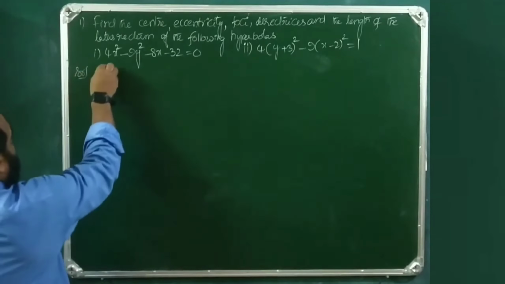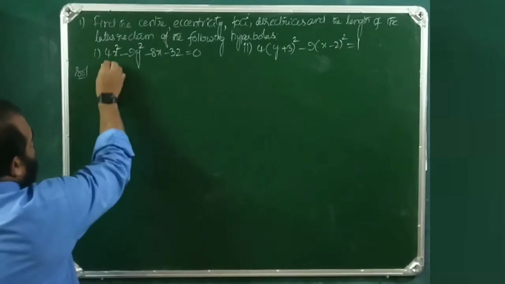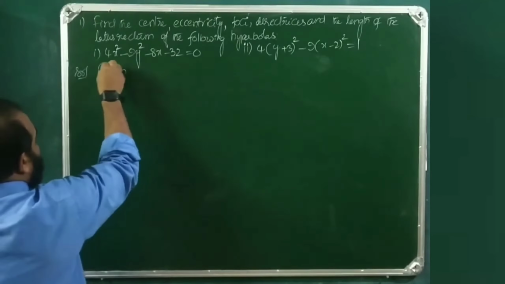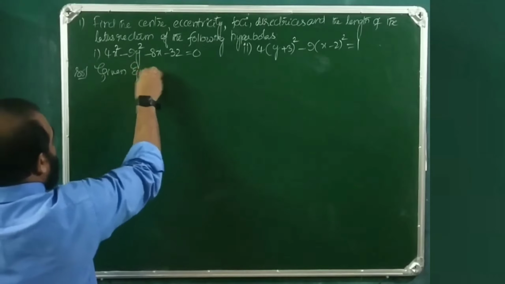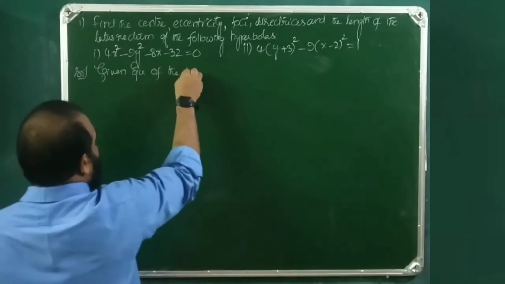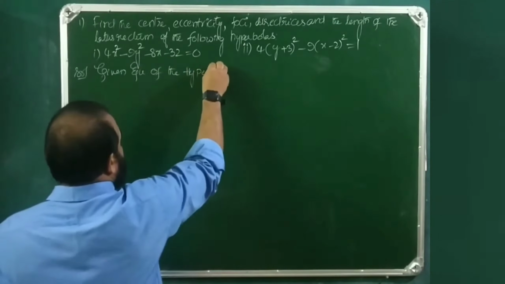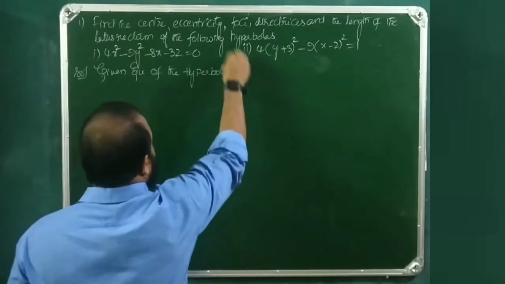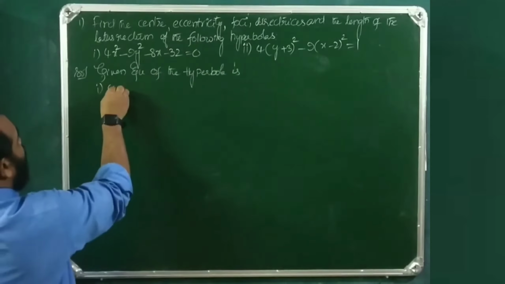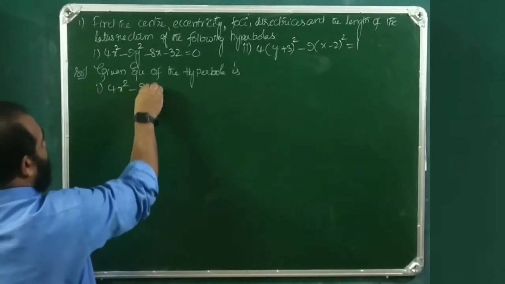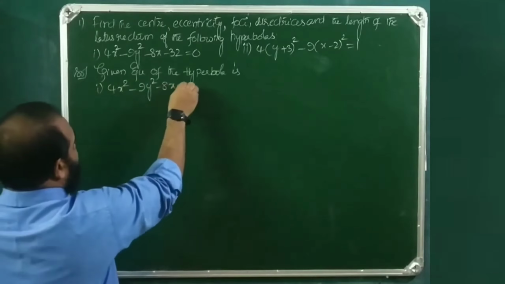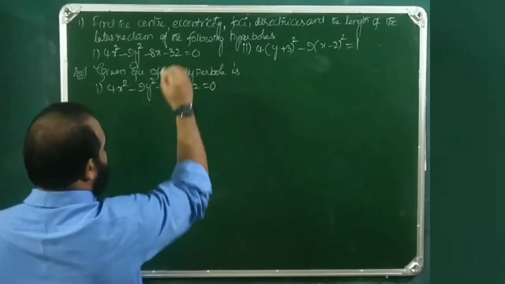So, first one, the given equation of the hyperbola is 4x square minus 9y square minus 8x minus 32 equals 0.